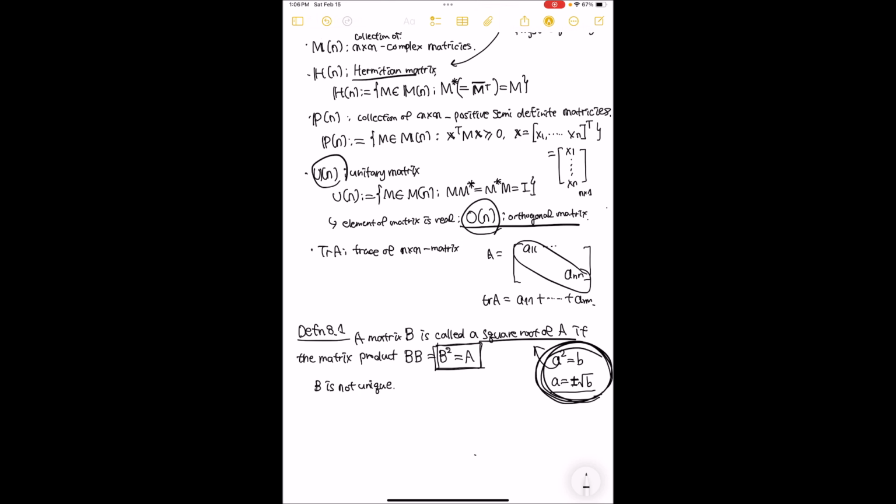This situation occurs in matrices too, but every positive semi-definite (PSD) matrix has a unique square root.